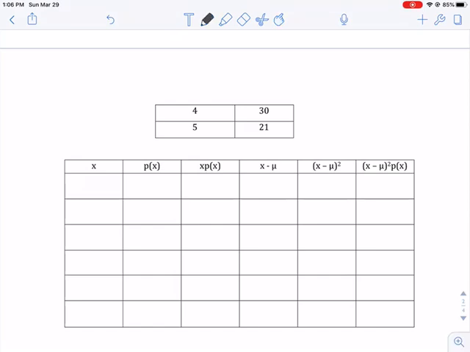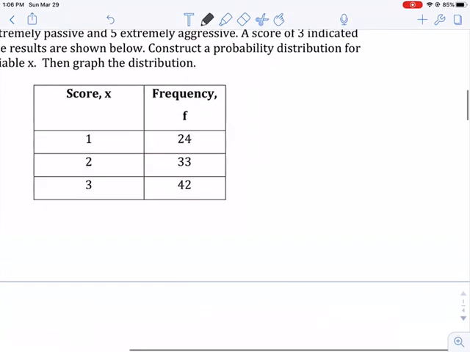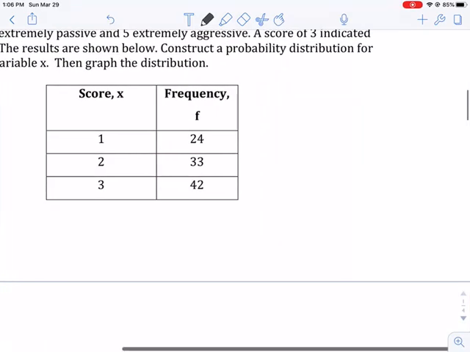But remember, x is going to be our random variable, so this went from 1, 2, 3, 4, and 5. P of x, remember, was the total of 150 divided by 294 divided by 150, 33 divided by 150. So remember, those are the things that we did yesterday.